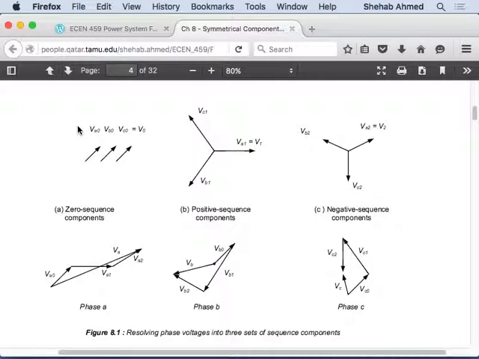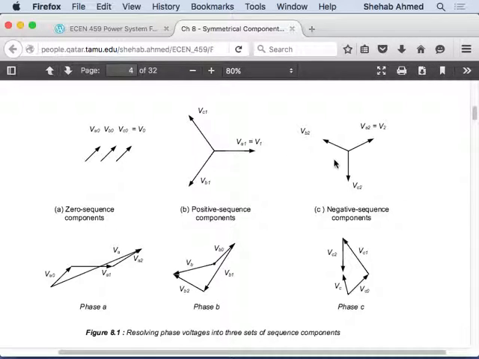So I can take a generator. If the generator is unbalanced, I can chop it up into a representation in a positive sequence circuit, a negative sequence circuit, and a zero sequence circuit. And at the end, I have my positive, negative, and zero sequence components of phase A, for example. This is my phase A positive sequence, this is my phase A negative sequence, this is my phase A zero sequence.